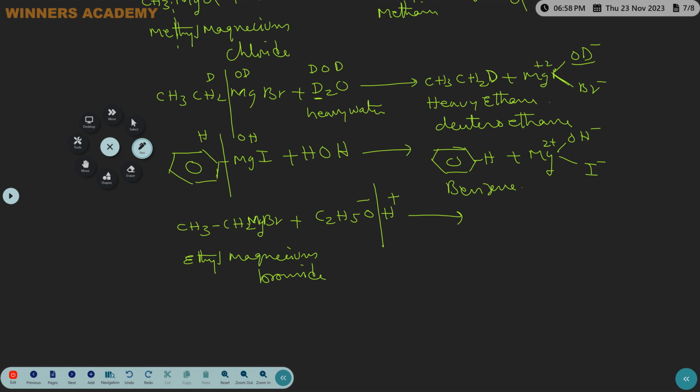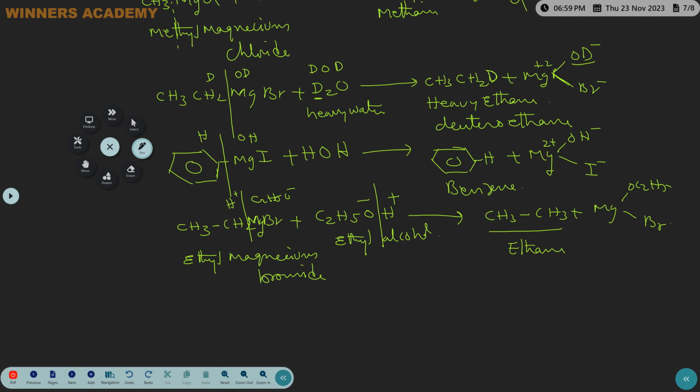This is ethoxide ion, C2H5O minus. This H plus adds here, C2H5O minus. As a result, compound is CH3CH3 plus MgOC2H5Br. This is ethane. Means hydrolysis can be done with the help of ethyl alcohol, like that. Okay.